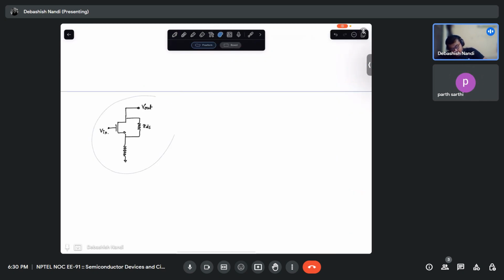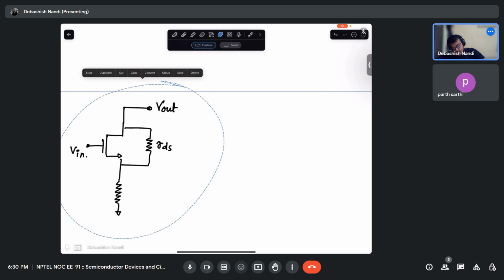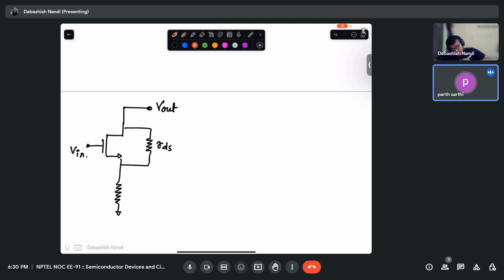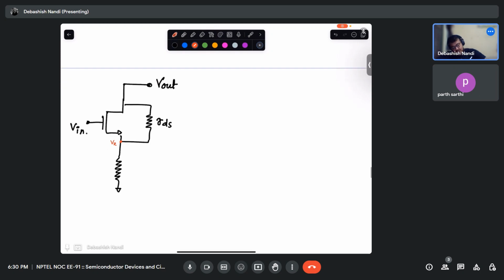We'll assume some potential here, Vx, and this is your Rs, let's say. So this would be gm Vgs. Vgs is your V in minus Vx.